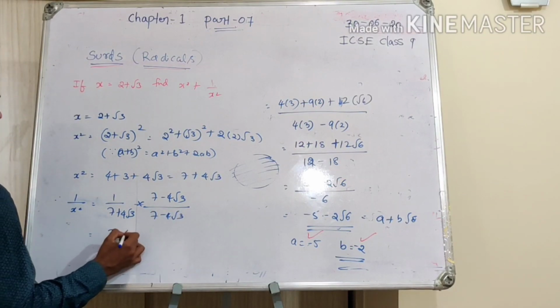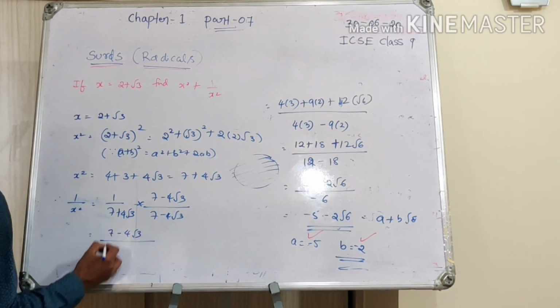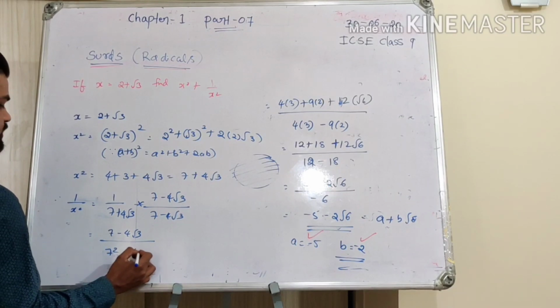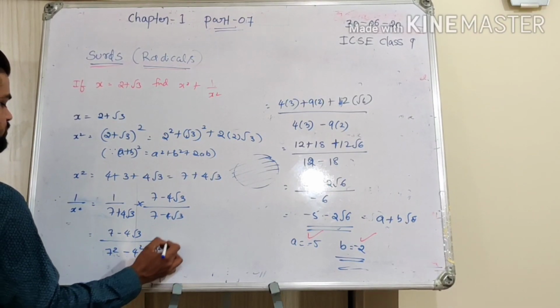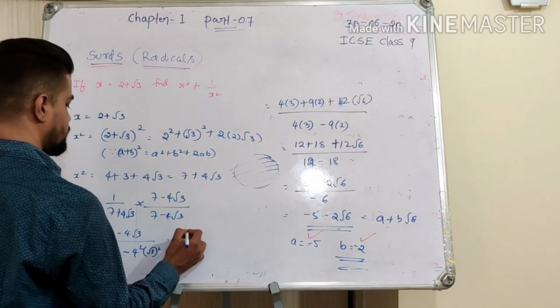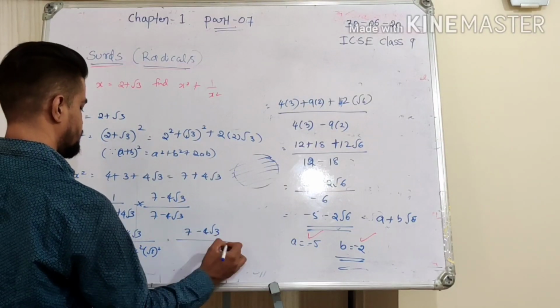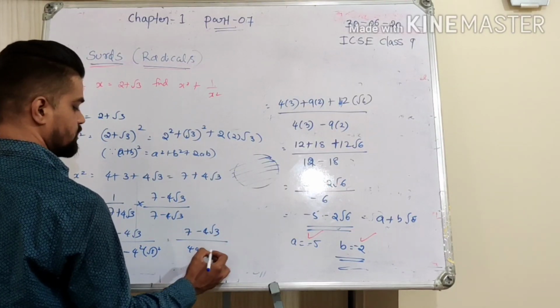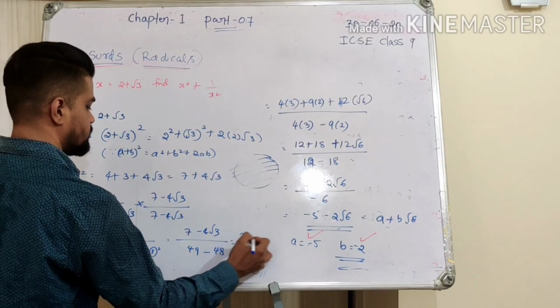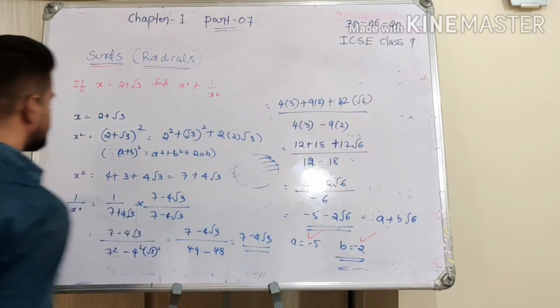So we end up with 7 minus 4 root 3 divided by 7 square minus 4 square into root 3 whole square. So what is the answer we are getting here: 7 minus 4 root 3, 7 square is 49, 16 3s are 48. So this is 7 minus 4 root 3.